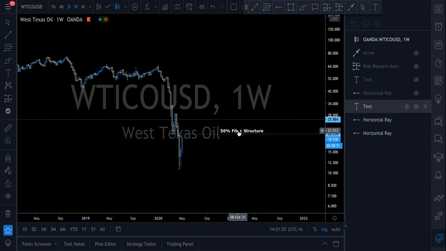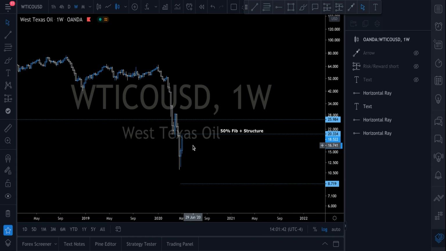So we have the 50% fib of the weekly leg plus structure, in addition to the two downward impulse legs showing bearish momentum, in addition to the fundamentals, which I hardly take into consideration because I'm primarily a technical trader. However, in this instance, because the fundamentals are playing such a major role on the price of oil, it's important for us to take that into consideration, in the context of Corona, of course.